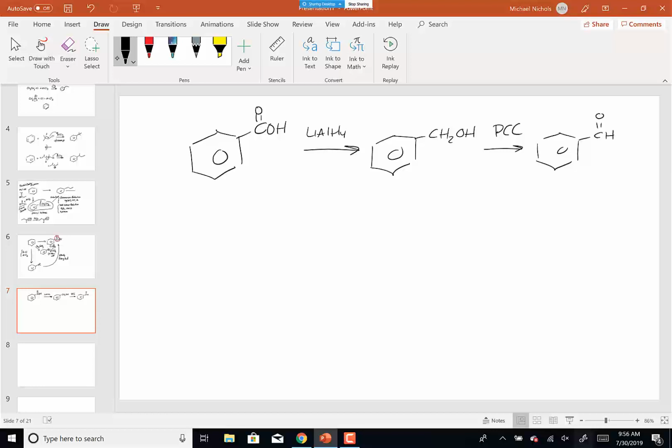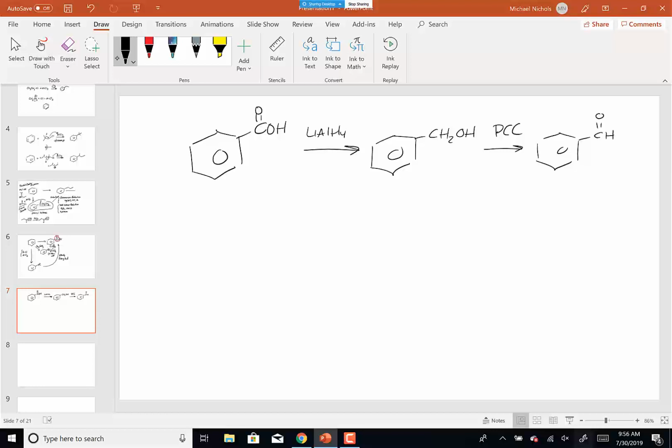So the lithium aluminum hydride is our strongest reagent. It will reduce the carboxylic acid all the way down to the primary alcohol. So once you have the carboxylic acid, you can put an aldehyde or a carboxylic acid or an alcohol on there.